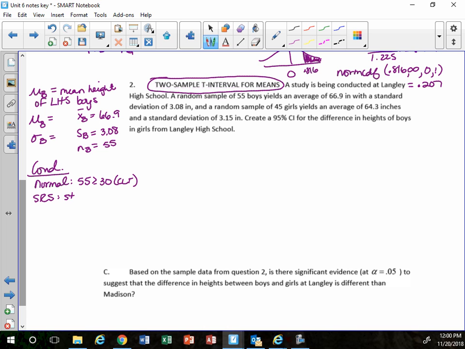Yes, that was stated, random sample. Are these samples independent? Yes. Okay. So now I can move on and do all of that again for the girls. Okay, so what does mu of g equal? Yep.